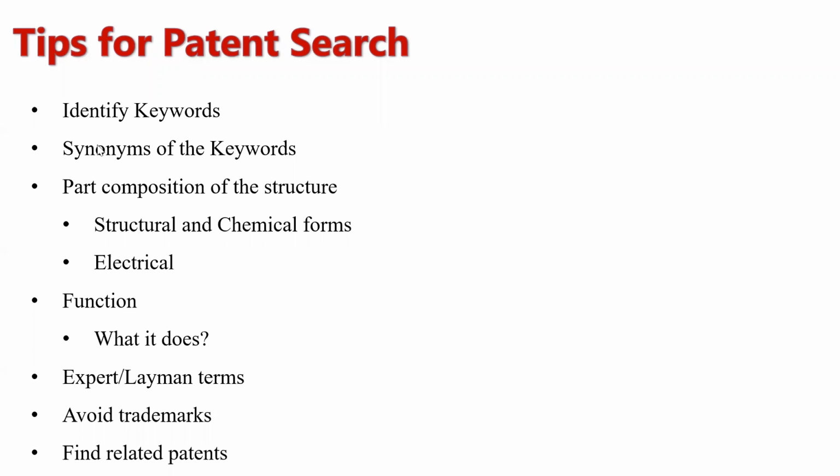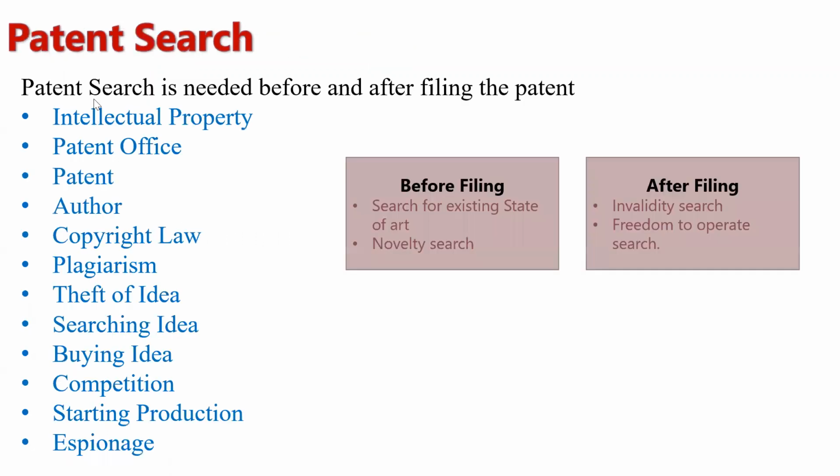A patent search can be done before filing the patent, and it can also be done after filing the patent. Like I'm showing, before filing a patent, you can search for the existing state of art. If I want to see what other patents in the same field are available, this option will help you to search the existing state of art.